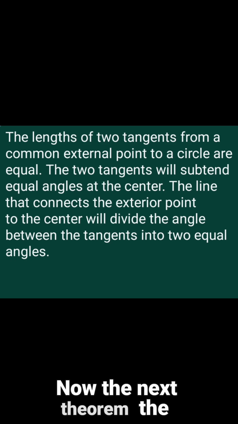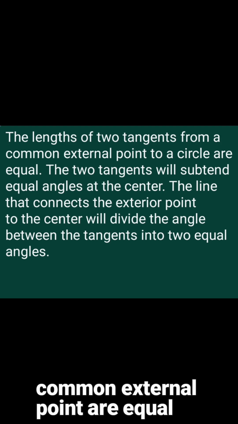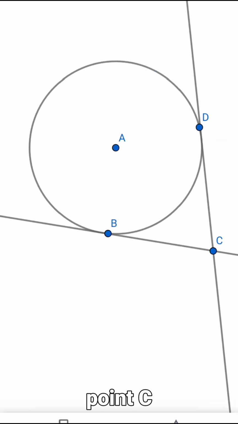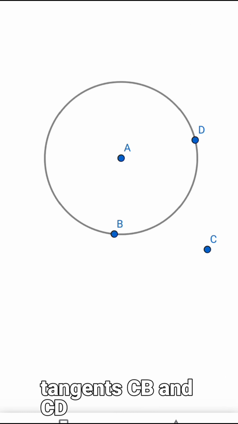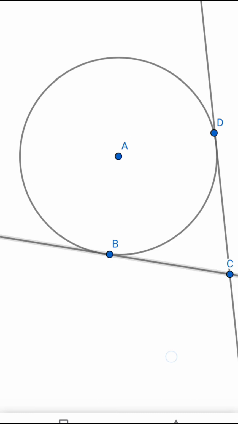Now the next theorem. The lengths of two tangents from a common external point are equal. For this, we have taken an external point C through which we have drawn two tangents CB and CD. Then according to the theorem, the lengths of CB and CD would be the same.